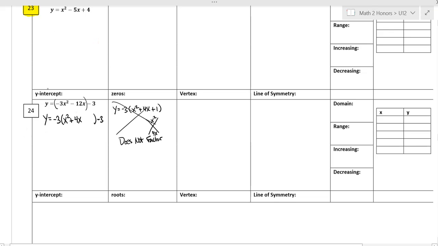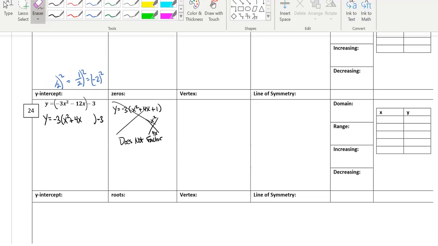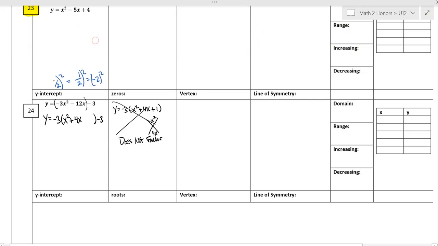So negative b over 2 squared. Negative b would be negative 4. So it's negative 2 squared. It's just b over 2 squared. It doesn't matter. The negative is going to be squared, but it's just b over 2 squared.